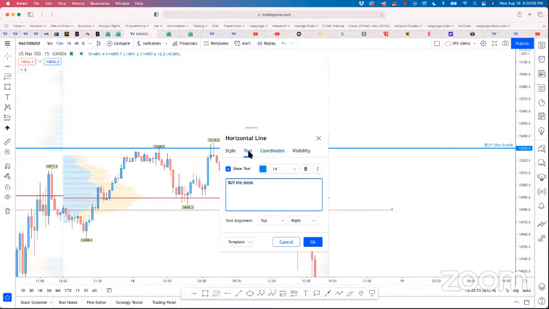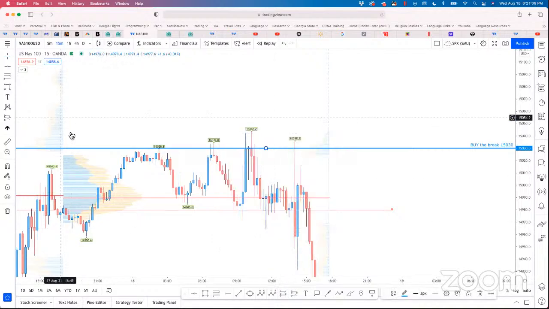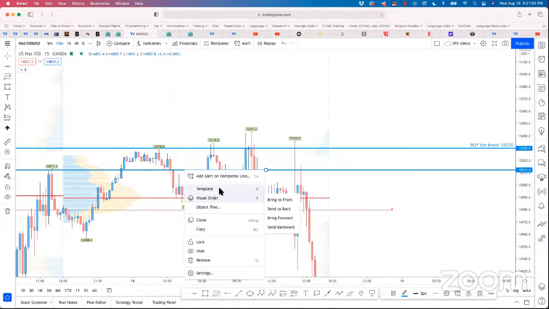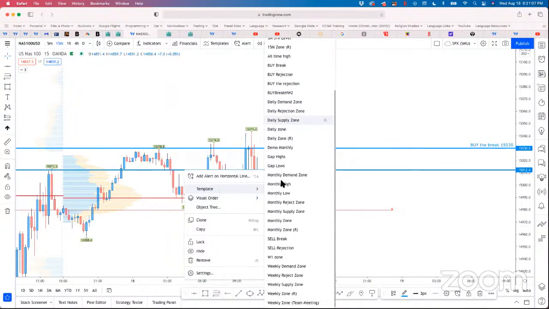Yeah, that's right. It was at 15,030. Okay. Stop loss was 15,010.